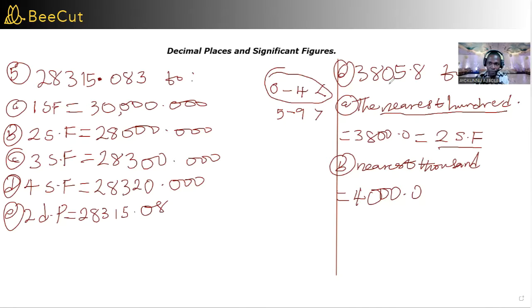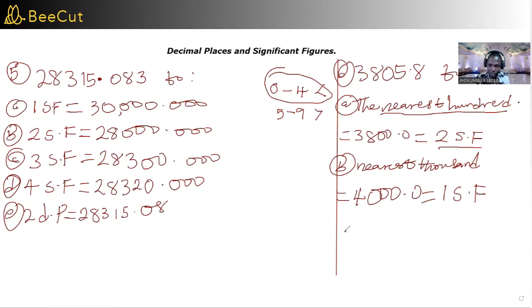Now, we have taken the same number to the nearest 1,000, which gave us 4,000. So that nearest 1,000 is what? No, it's 1 significant figure, because you stopped at the first digit, so you have only 1 figure. So do you get that now, everybody? Yes, sir. 1 significant figure.